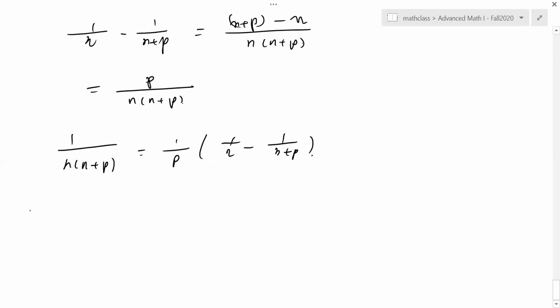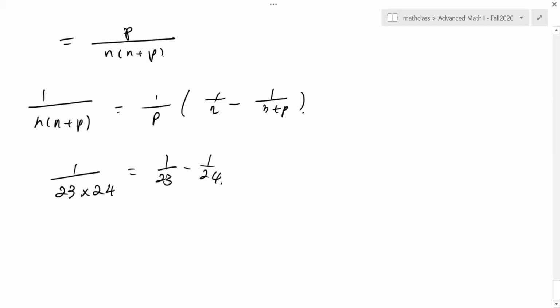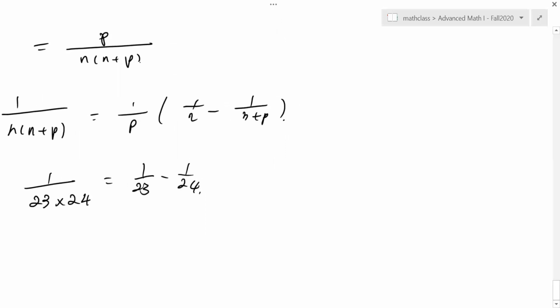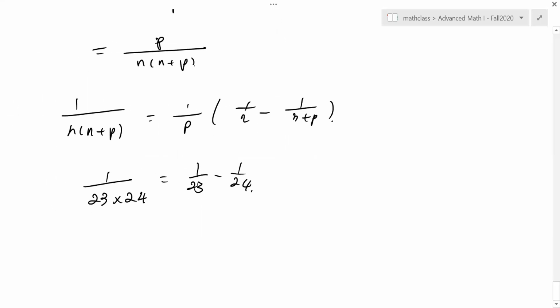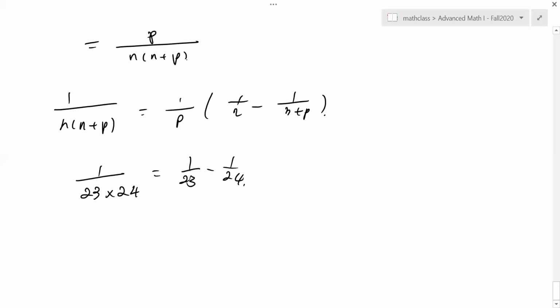Now 23 times 24, since the difference is 1, is going to be 1 over 23 minus 1 over 24.